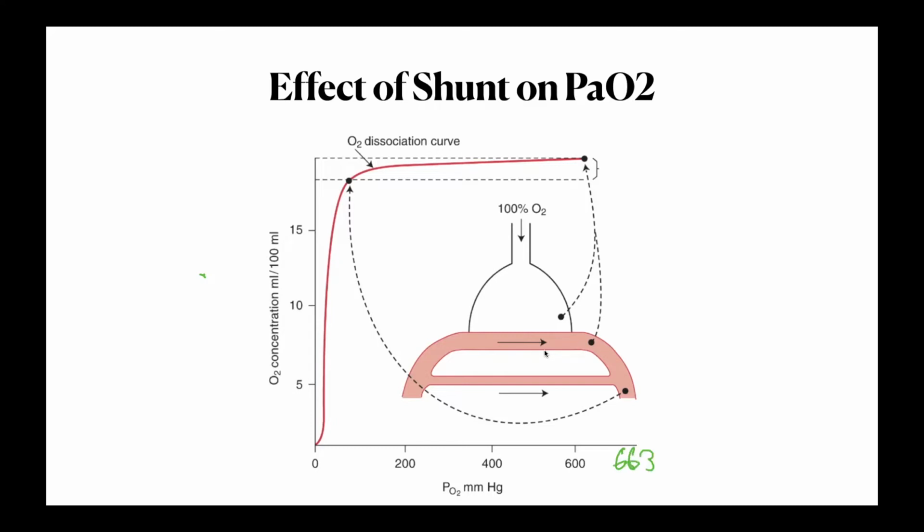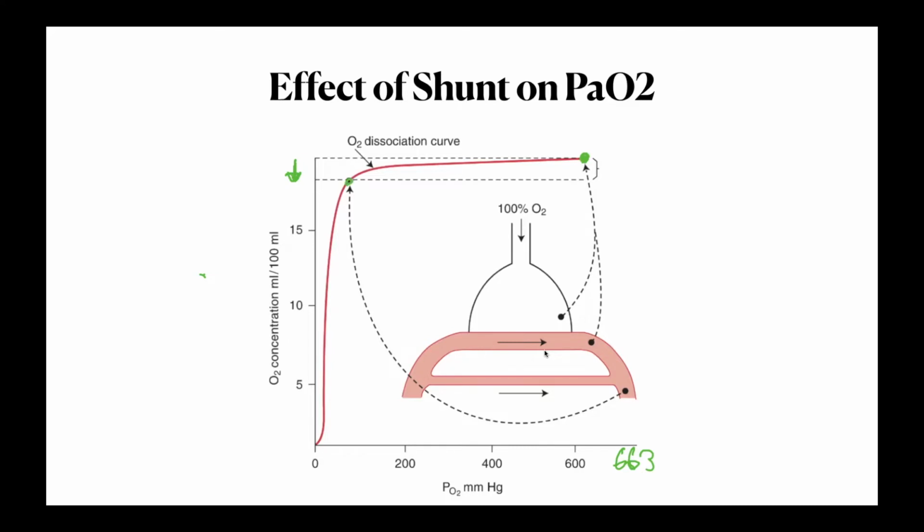And the oxygen concentration should be about 22 at the maximum it can have. And with shunt, it decreases it by this small amount here. Because it dilutes it, you're going from here to this point.